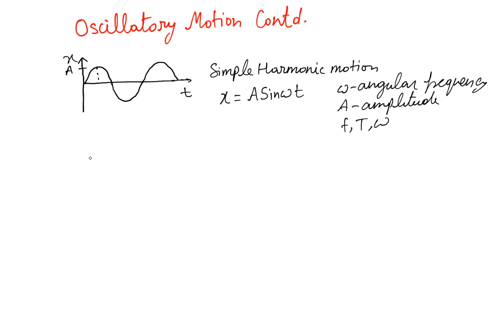There can be one more addition to this formula. Here we are assuming that the motion starts at 0. Let's say an example of simple harmonic motion is a spring mass system, lying in gravity at rest, and if you pull it down, then it oscillates up and down.